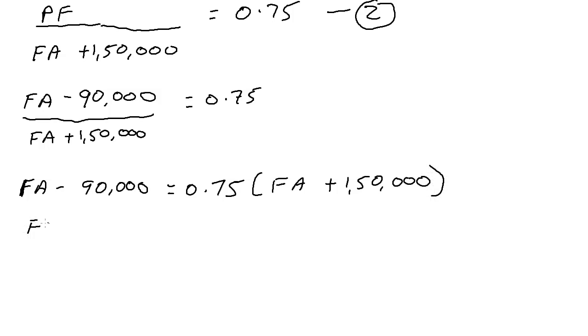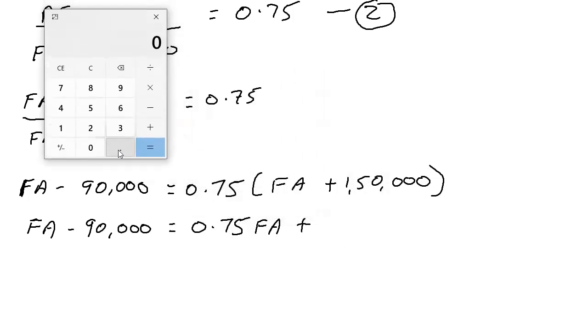Okay, so fixed assets minus 90,000 is equal to 0.75 fixed assets plus 0.75 into 1,50,000.